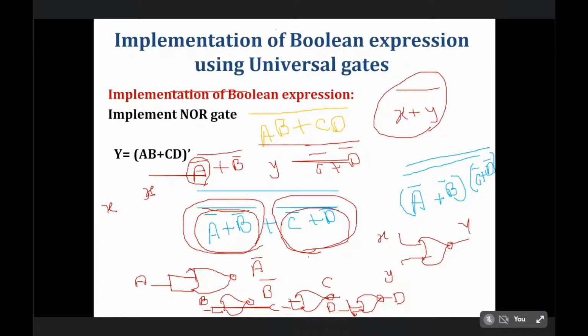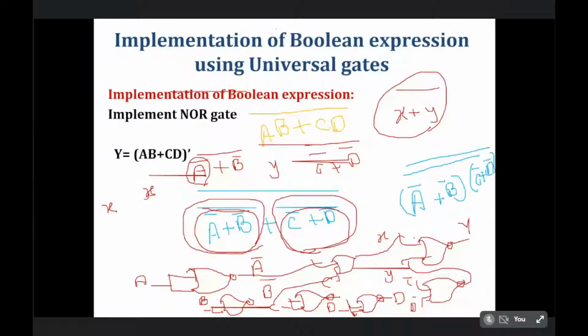So X will be when A bar, B bar will be the input of this thing, and Y will be implemented when the input of Y will be C bar and D bar. So here it will go inside. Here it will go inside.